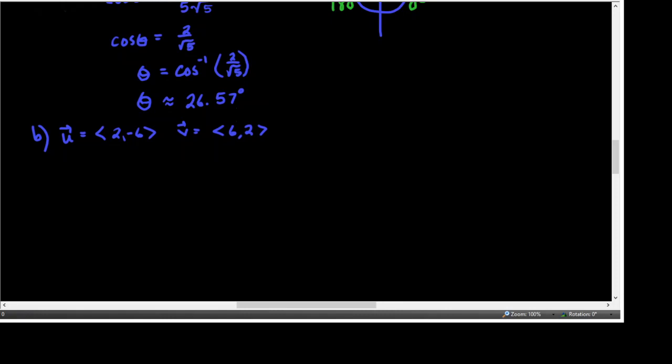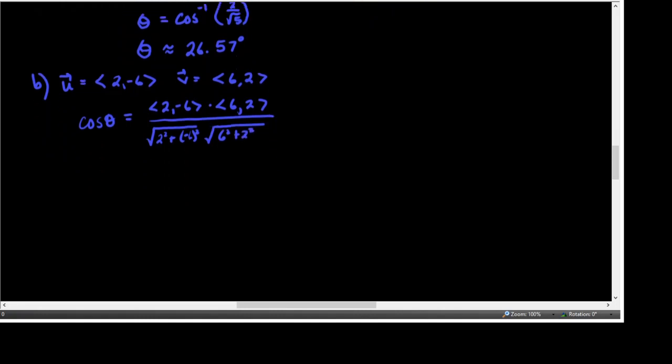All right, so the cosine of theta will be U dot V over the magnitude of U, 2 squared plus -6 squared, times the magnitude of V, which is 6 squared plus 2 squared.